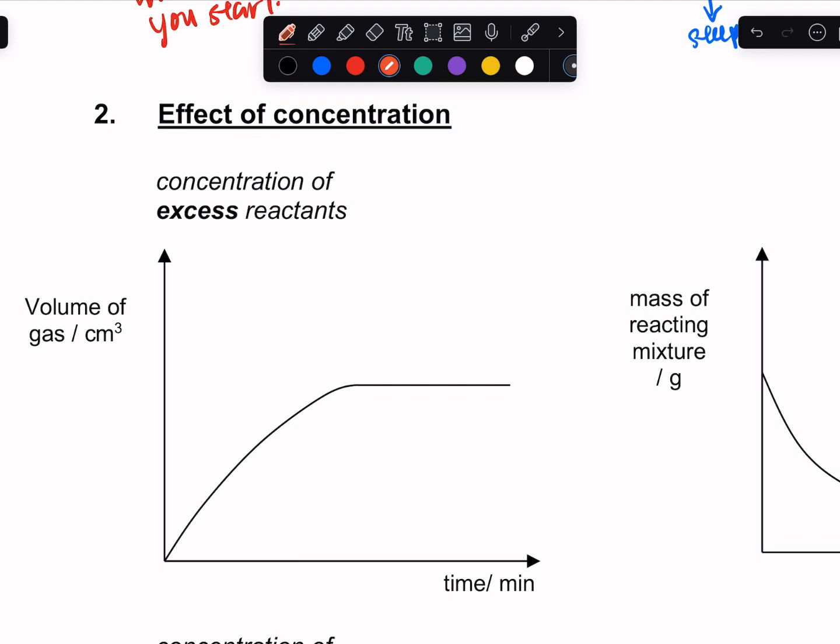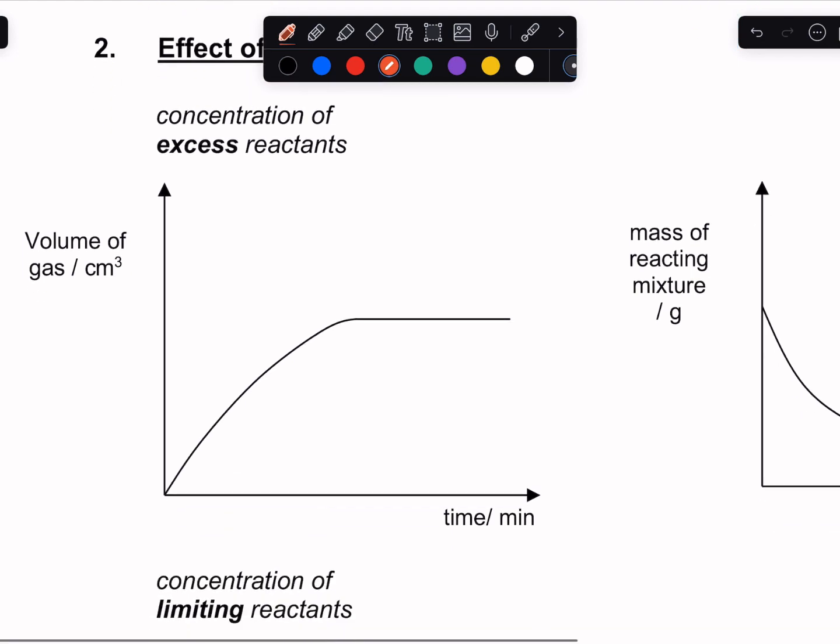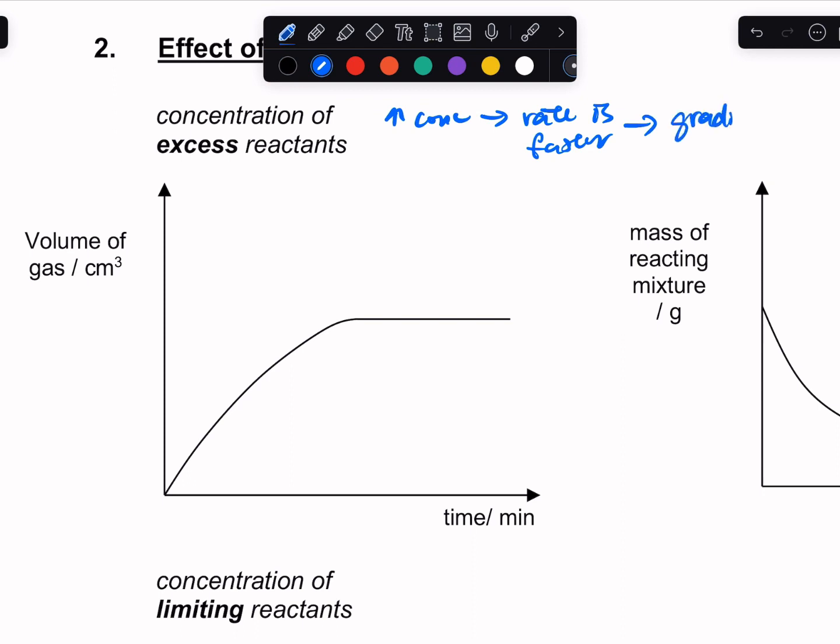If you increase the concentration of excess reactant, say I use the blue one, this means that rate is faster, which means that gradient is steeper. I should still start from 0 because at the start there's no gas, but I know that the gradient here must be steeper.